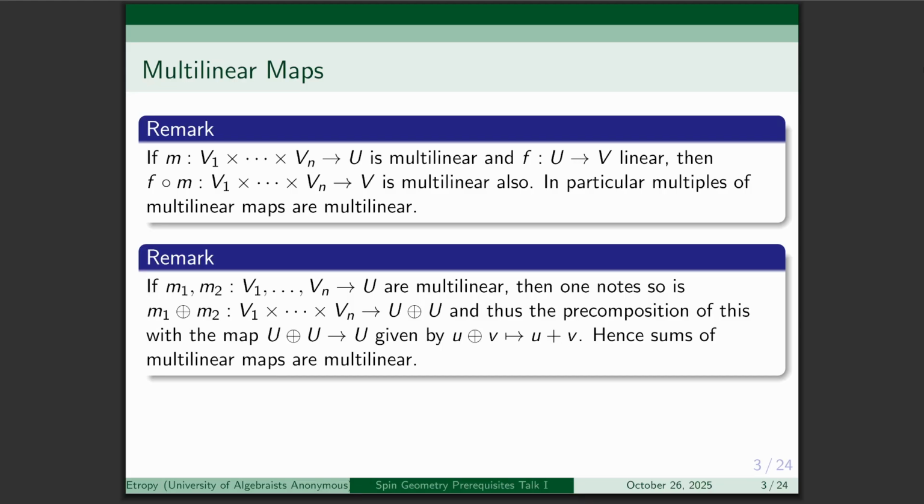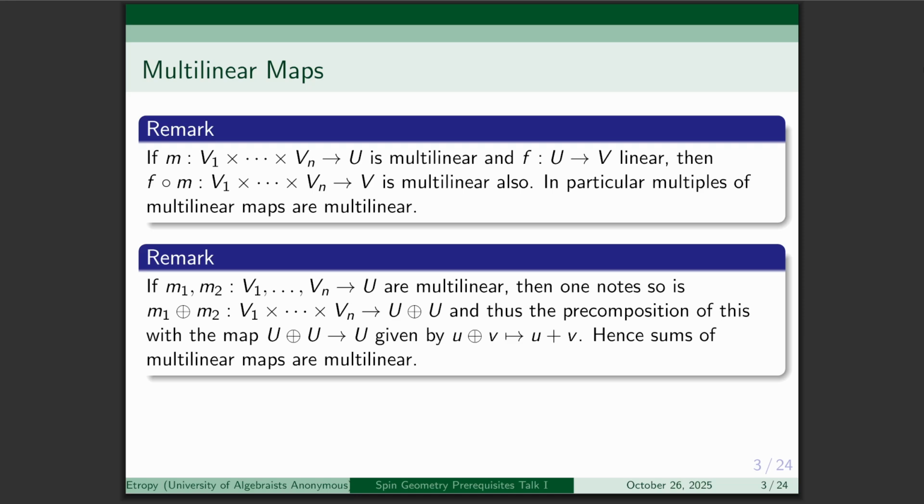Now, as a corollary of that, if we take two multilinear maps and take the direct sum, assuming they have the same domain of definition and same codomain. There are a few typos here. This should be the product of V1 through Vn, and on the previous slide this should be K, not R. Then we get this map, which takes some array of vectors and maps it to the formal sum of the first map evaluated on them and the second map evaluated on them.